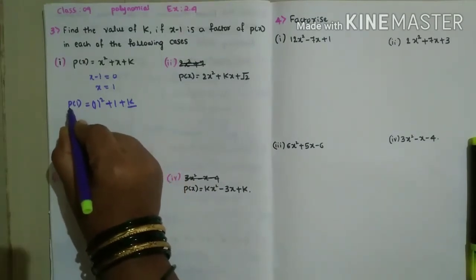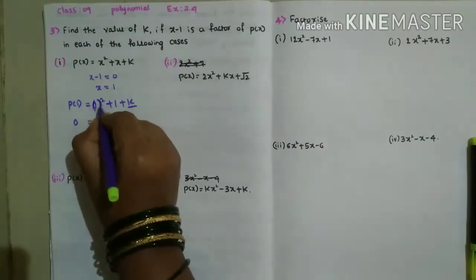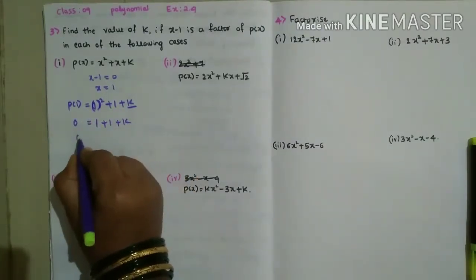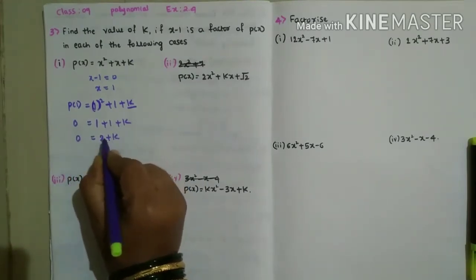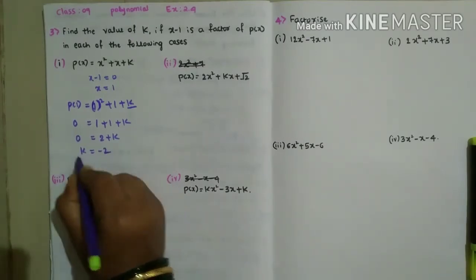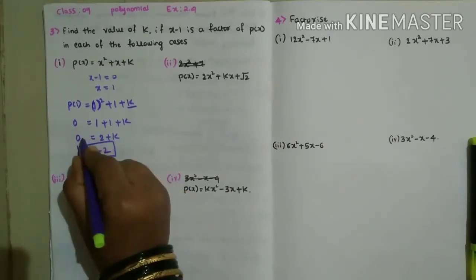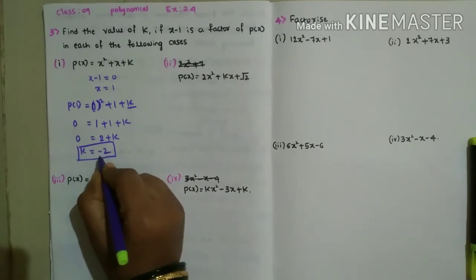So p of 1 is 0, equal to 1 square, which is 1, plus 1 plus k. Here 1 plus 1 is 2 plus k. If I transfer 2 to the left side it will become k is equal to minus 2. So the answer is k equals minus 2. You can write it like this.